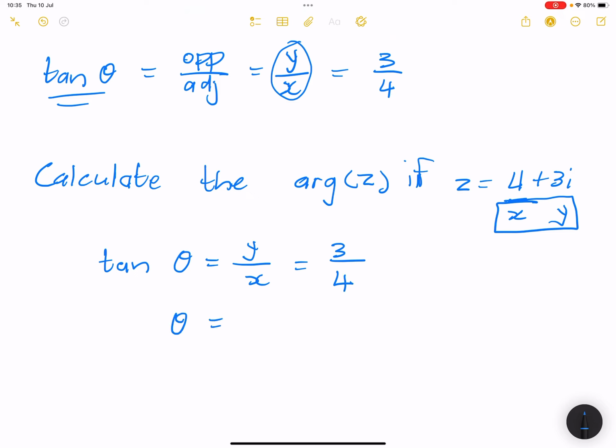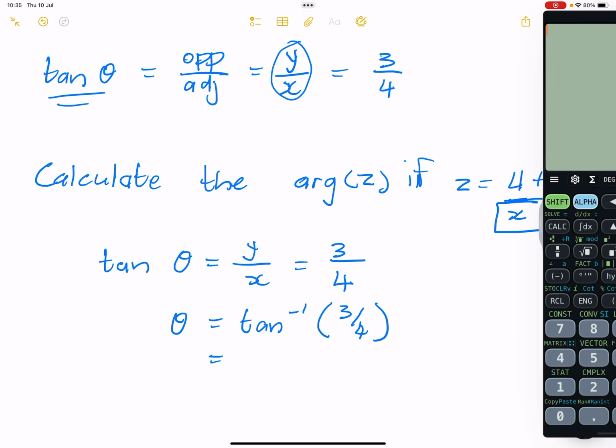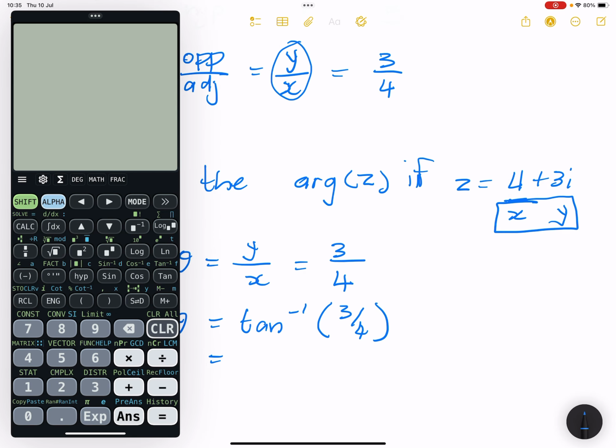Now, to get the angle, theta would be the arctan of 3 over 4. And what is our arctan in this case? Let's shift the tangent of 3 divided by 4. In fact, I made a mistake there, 3 over 4.